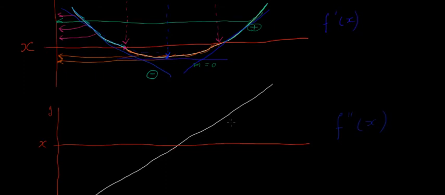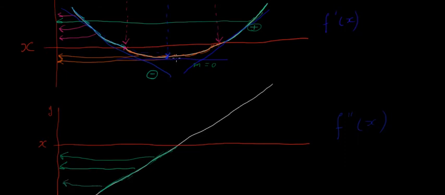So how does that relate to this function here? Well, if you take this part of our curve here, all our tangents will have negative slopes, and that corresponds to this part of our linear function, our second derivative. All of these y values are negative, indicating negative slopes on our previous function.